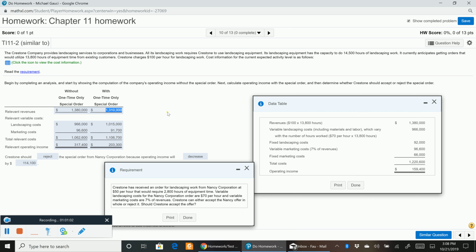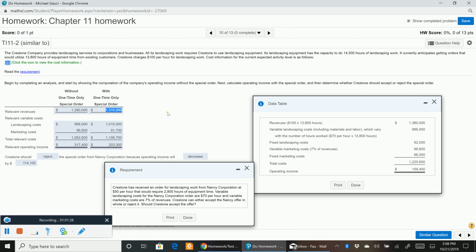How do we get that? Well, the first 2,800 hours for the special order times $50 an hour gets you to $140,000. Then we add to that our total capacity, which is 14,500 hours, minus the 2,800 hours devoted to the special order.